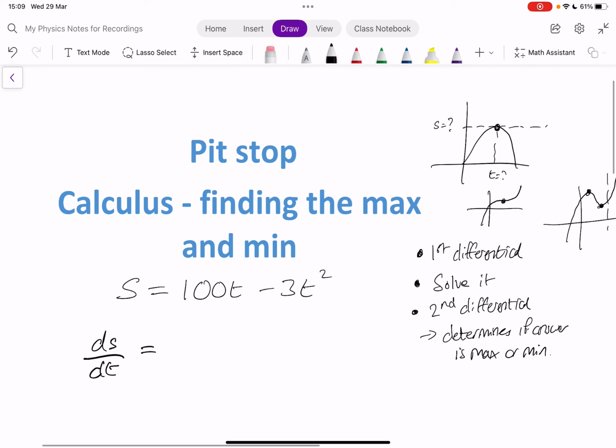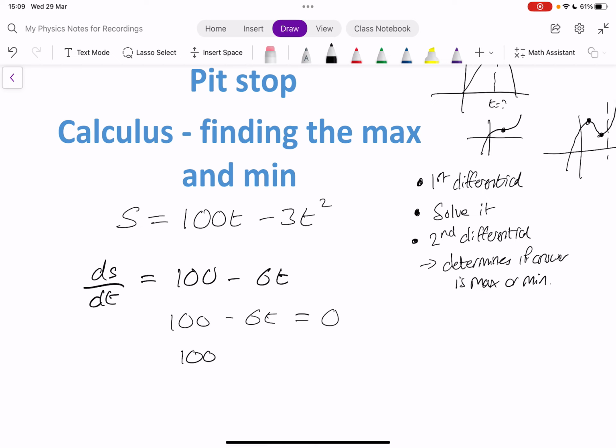So, although the ds by dt gives us velocity, that's not what I'm after it for. I am after it for the gradient function. So, ds by dt for this is just going to be 100 minus, so multiply by the power, drop the power down by 1, 6t. The gradient function ds by dt at this point is going to be 0, so that's why we solve it, place it equal to 0.